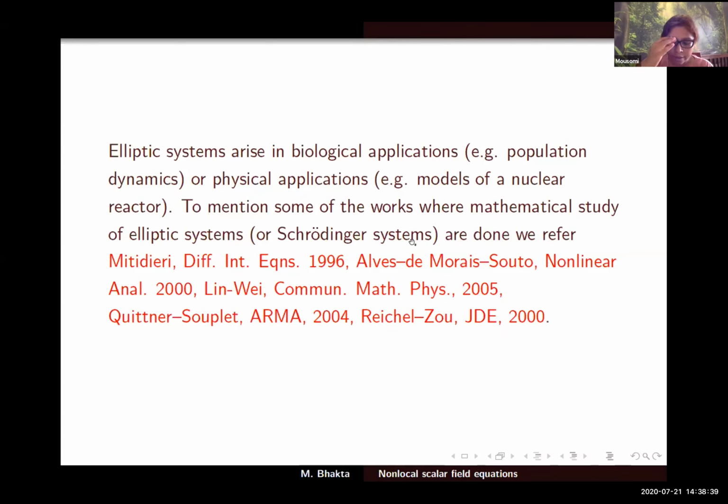There are some applications in biology and physical applications, for example in population dynamics and nuclear reactors. Here I mention some of the mathematical studies of elliptic systems, in particular Schrodinger systems, because we are interested in the scalar field system, the Schrodinger system.